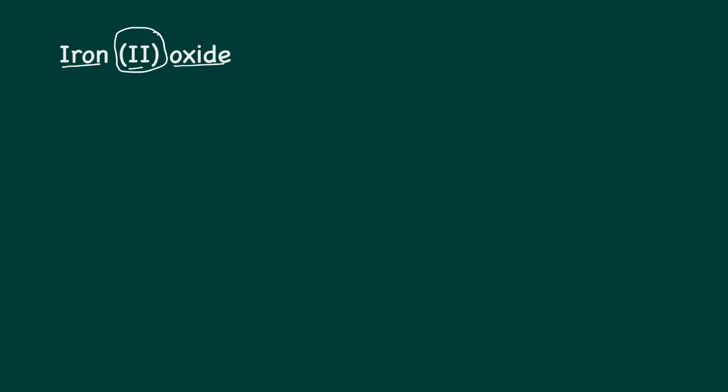It is extremely important. It is going to help you get the right formula. Roman numerals are only applicable to transition metals. Okay, so they're only used for B group elements.